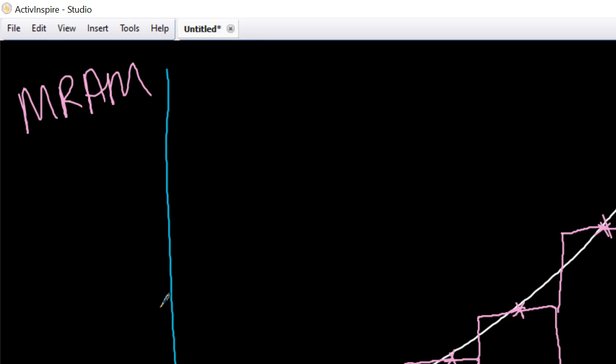What's changed is now to find the height, I have to do f of, for this one, halfway between 0 and 1 is what? A fourth, right? So I'm having to find f of a fourth.